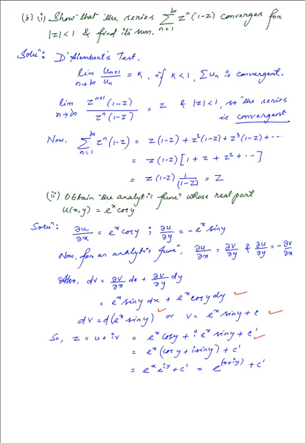Now in the bracketed term we take the common term e to the power x outside of the bracket, and the bracketed term is quite familiar. It is e to the power iy, the exponential of iy, and so we have e to the power x plus iy, which is nothing but e to the power z plus c primed as the final result.